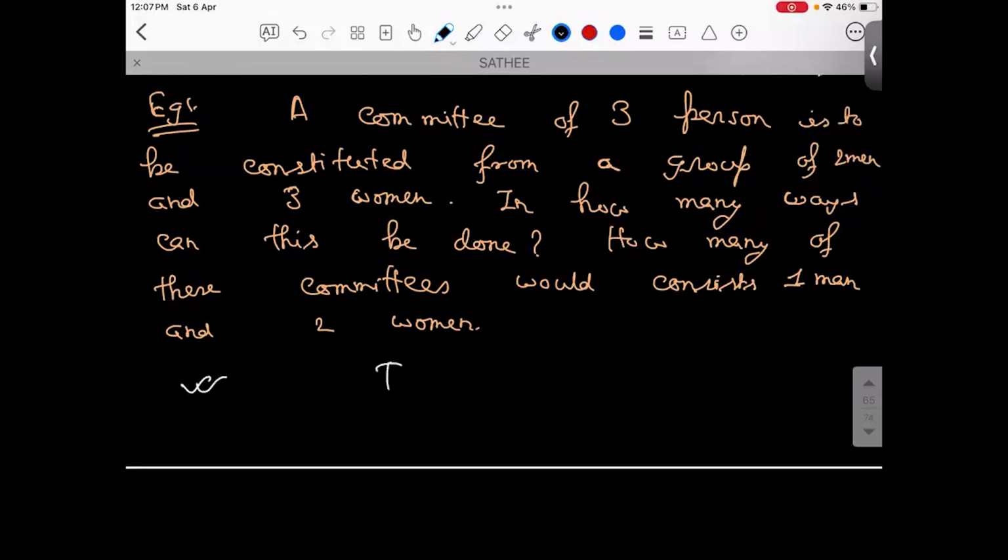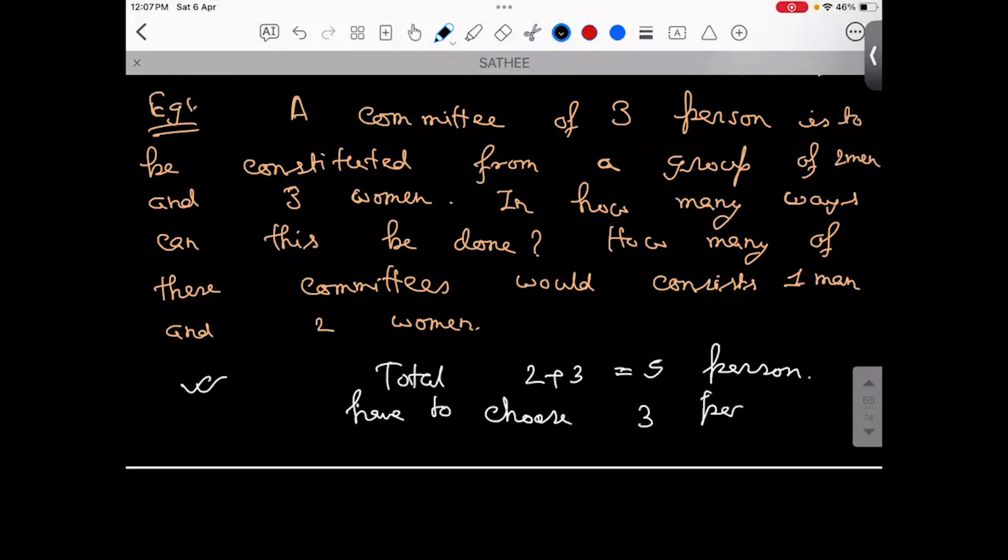So in case of the first part, we have a total of 2 plus 3 equals 5 persons. You have to choose 3 persons. So how many ways are there to choose 3 among 5?